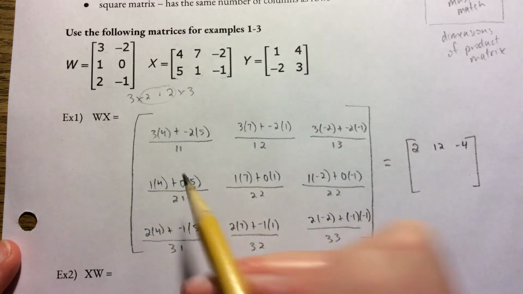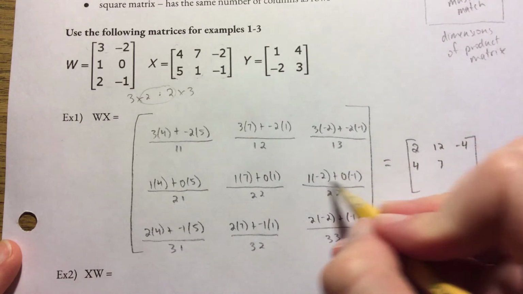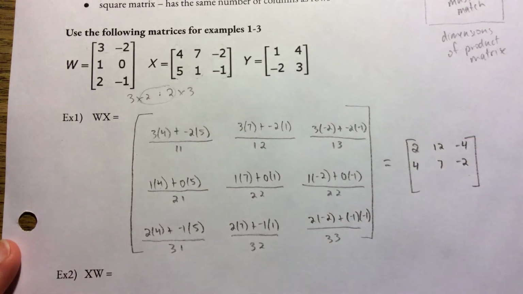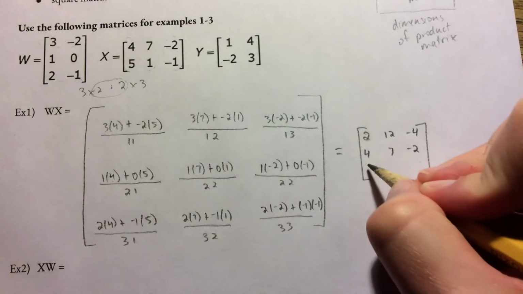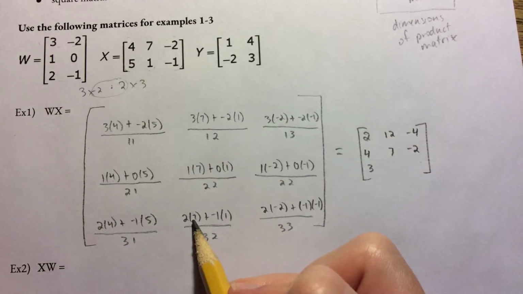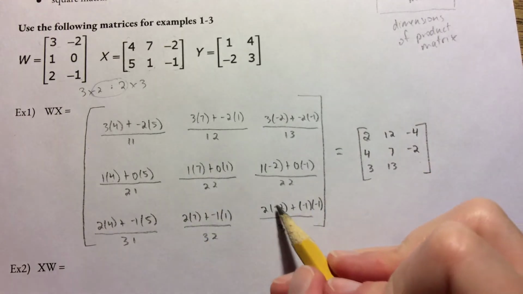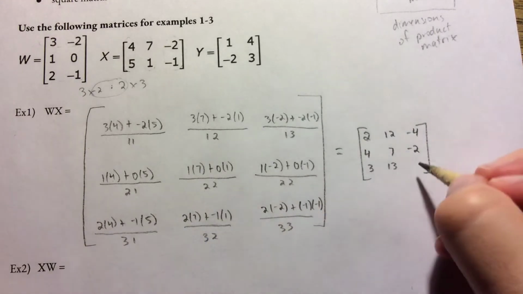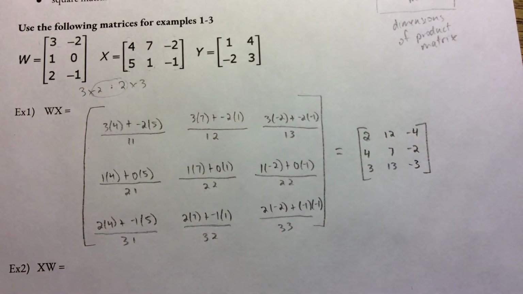Here I have 4 plus 0, 7 plus 0, and negative 2 plus 0. This would be 8 minus 5, which is 3. That's 14 minus 1, which would be 13. And negative 4 plus 1 would be negative 3. So this is my solution to that big old long multiplication.